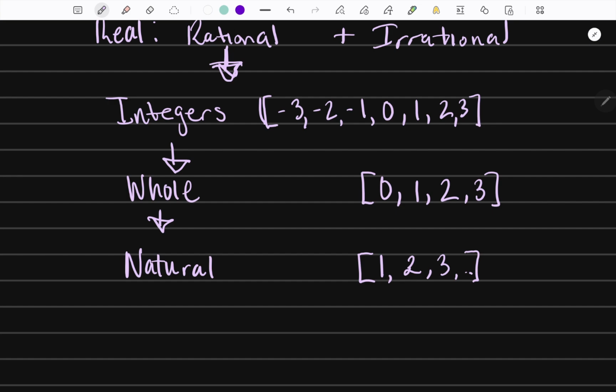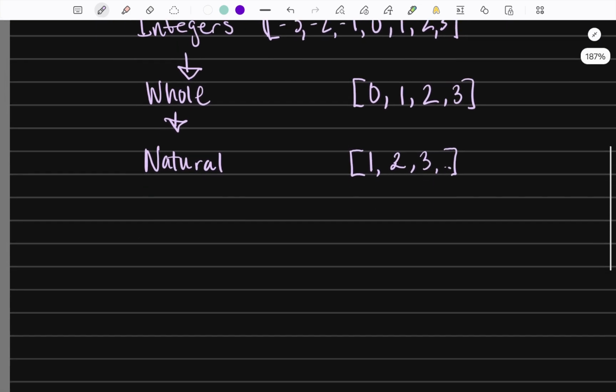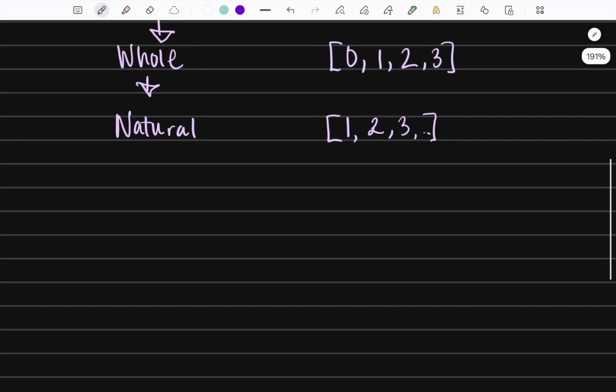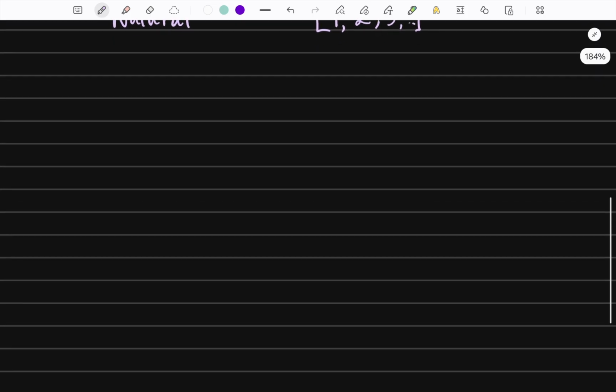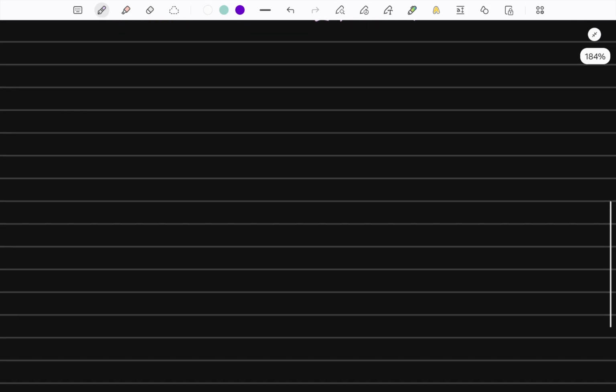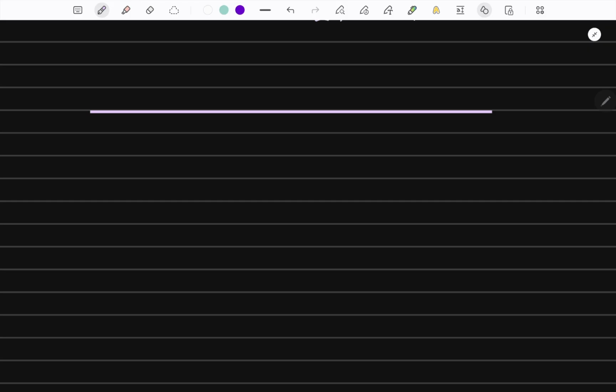So, if we take those numbers and we put them on a number line, I had to use that to clean that up. So we take that and we have a number line.